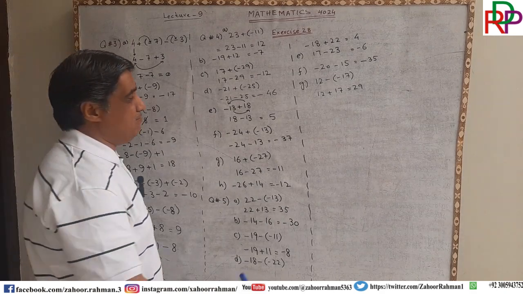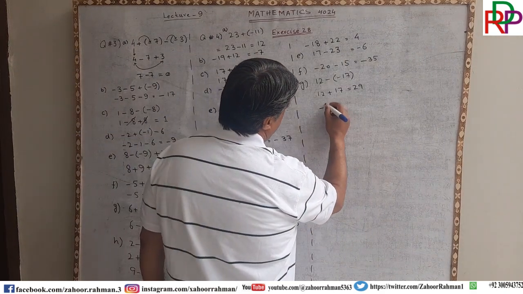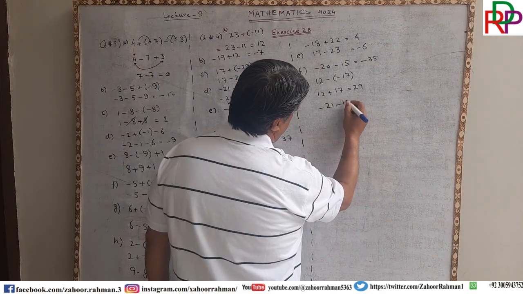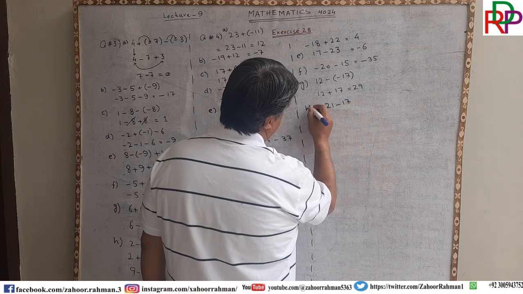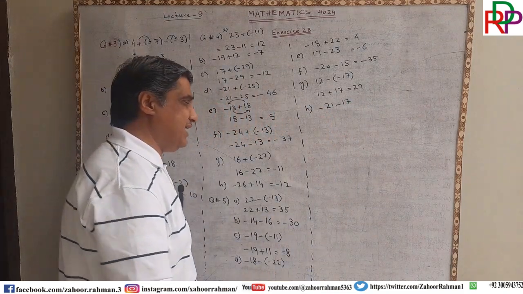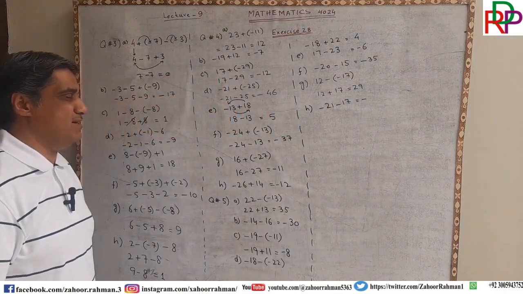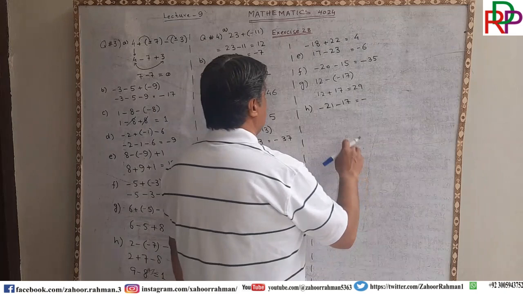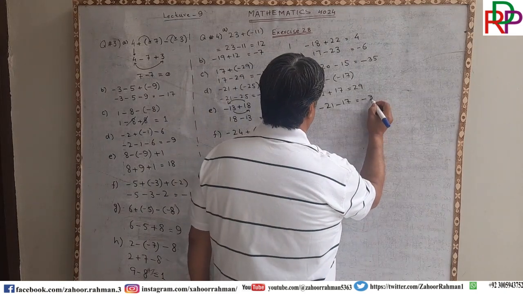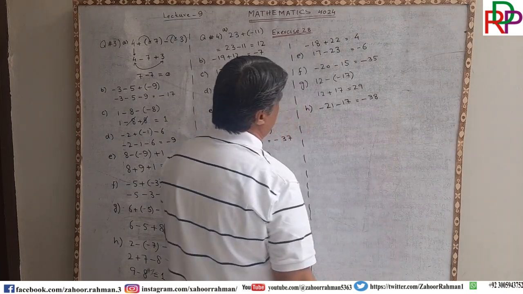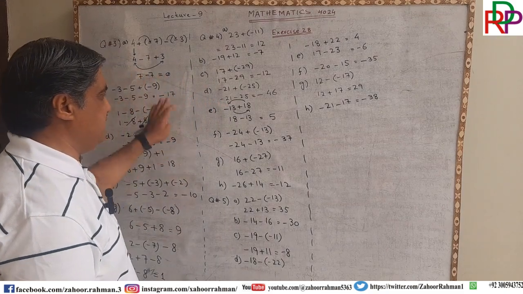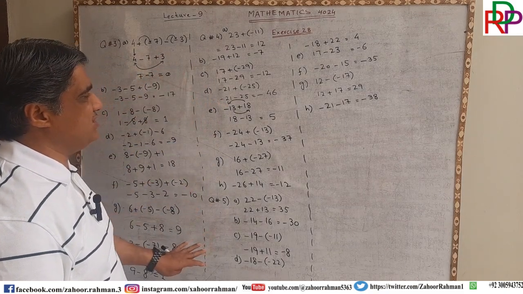Minus 21 minus 17 is the H part. Directly I am writing negative because both the numbers are negative. So that is 38. Ladies and gentlemen, with this we are finished with the intermediate level question.